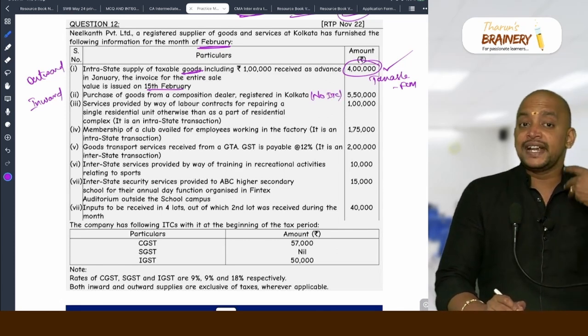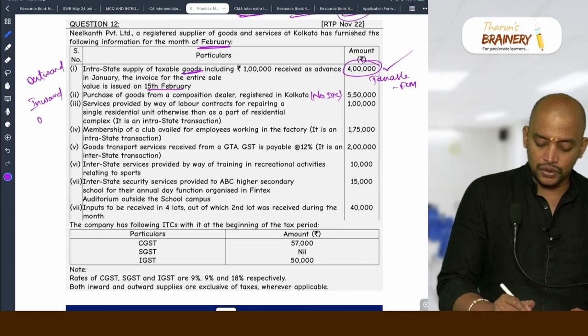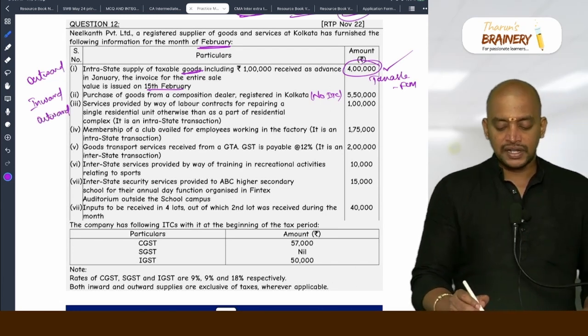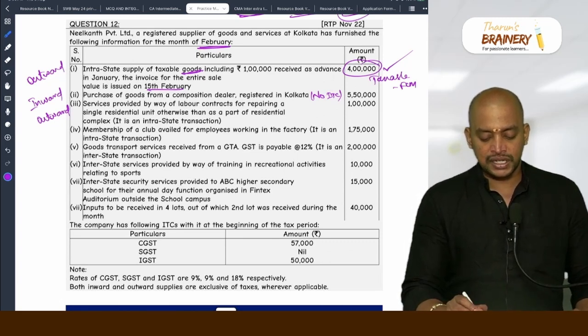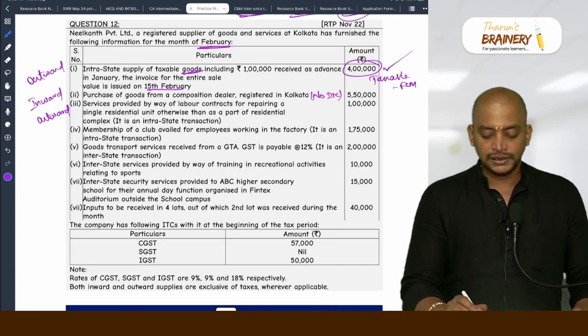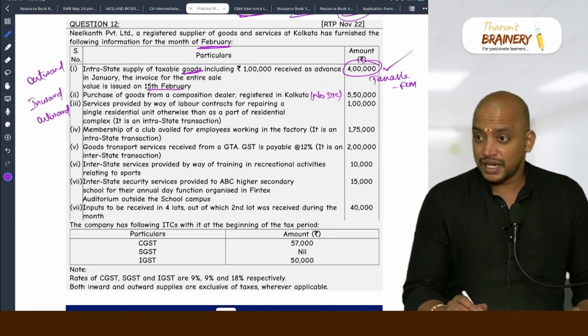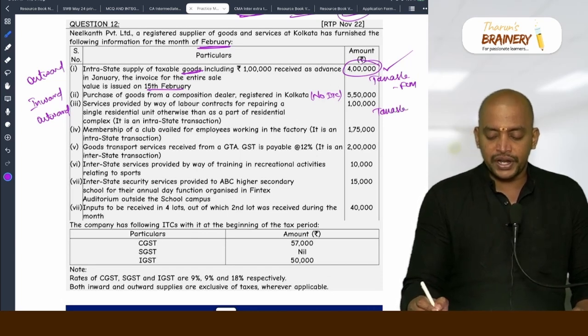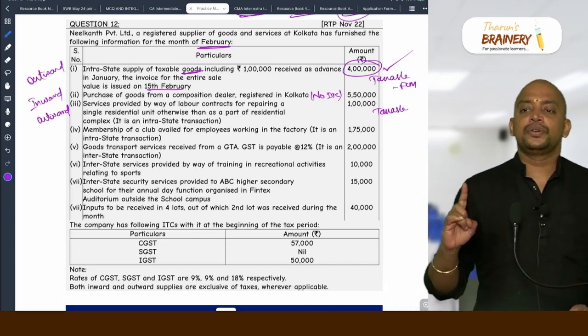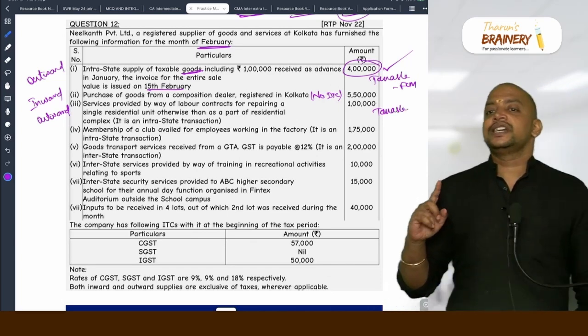Services provided by way of labor contract, outward. Services provided by way of labor contract for repairing a single residential unit, otherwise than as a part of residential complex. So is it taxable or exempted? Taxable. Why sir taxable? We have one point: single residential unit, construction is only exempted.